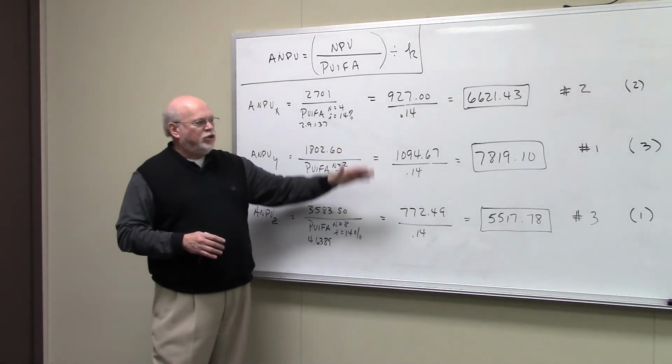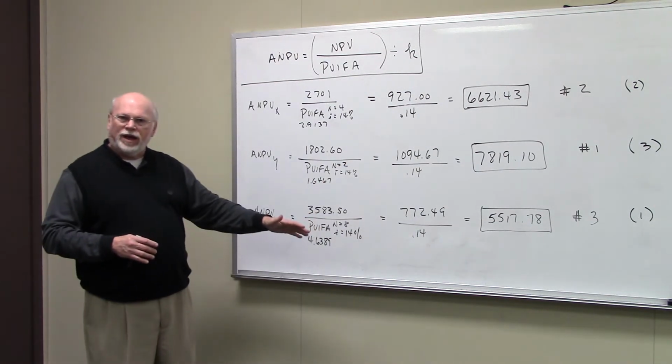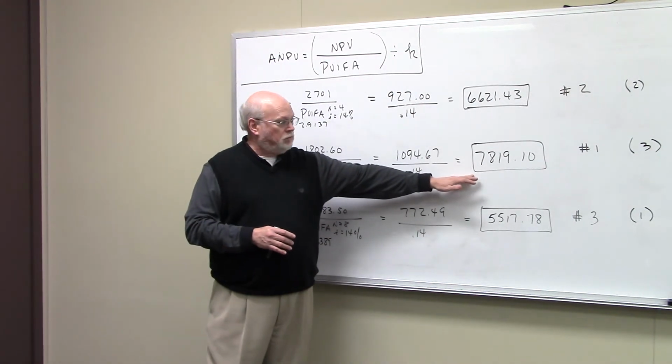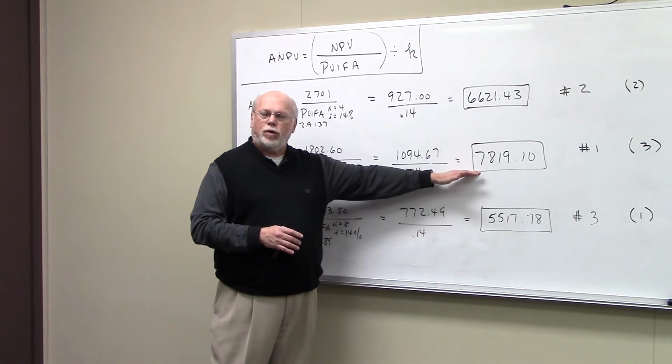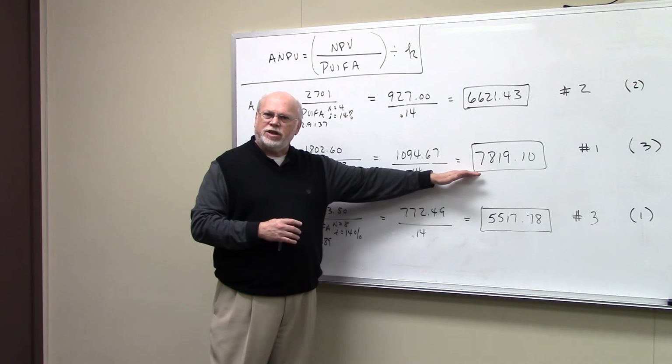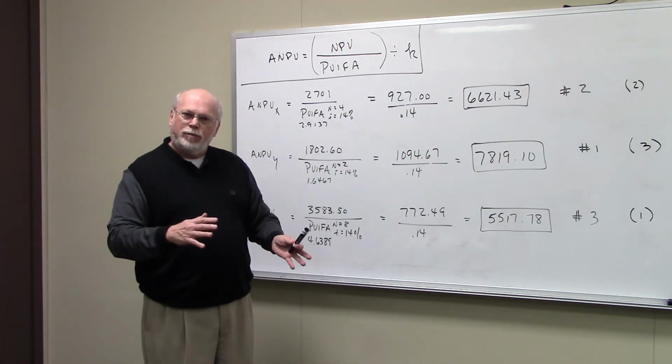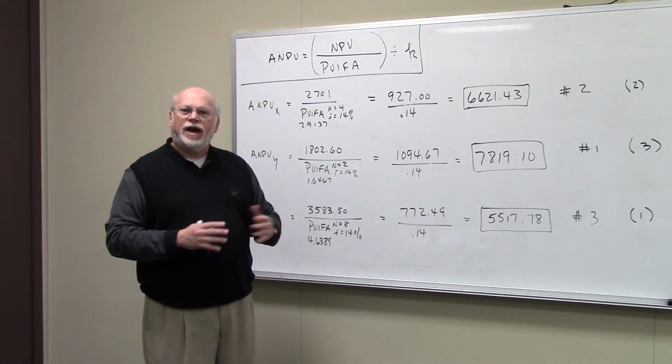What you find when you equalize the lives is that project Y adds the most to the value of the firm if you're going to be invested in these projects forever. So what was the third ranked project in part A turns out to be the top ranked project.